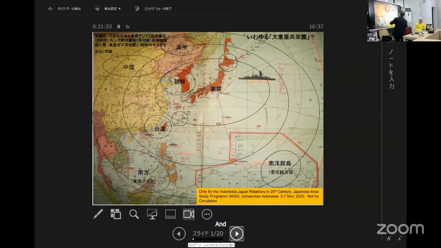And also Okinawa, the Ryukyu Islands. It was originally an independent kingdom, and they had their own original history.